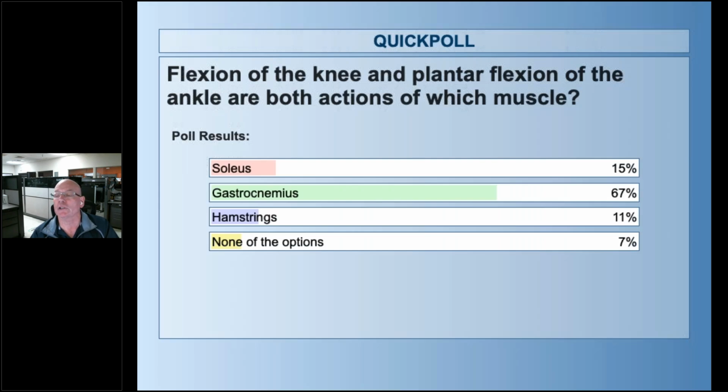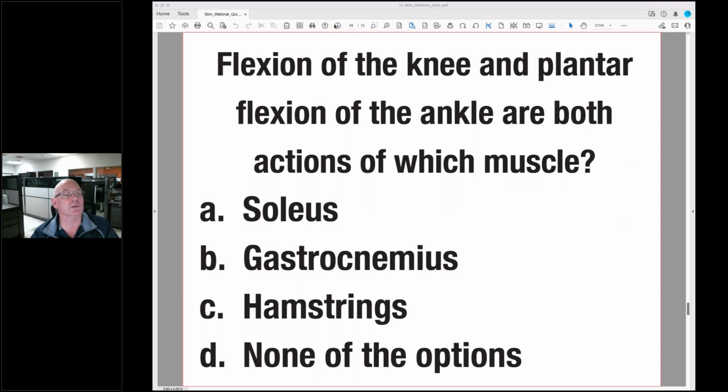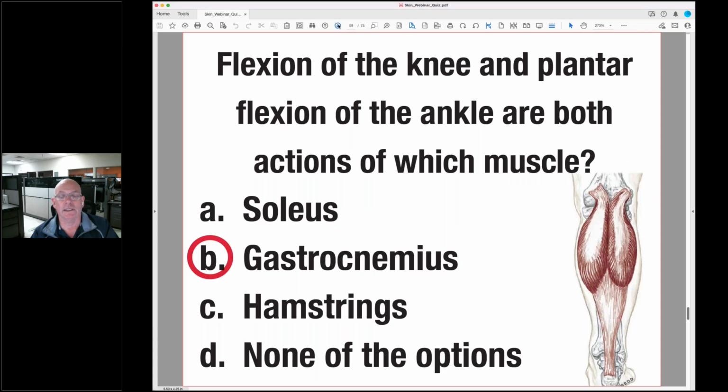Two-thirds of you said gastrocnemius, and hiding the results. Gastrocnemius is correct. Flexion of the knee and plantar flexion of the ankle. It crosses the knee joint to make flexion of the knee and comes down to the calcaneus to plantar flex the ankle.